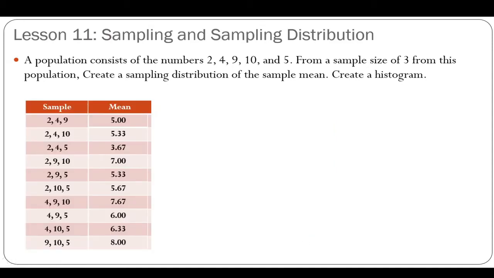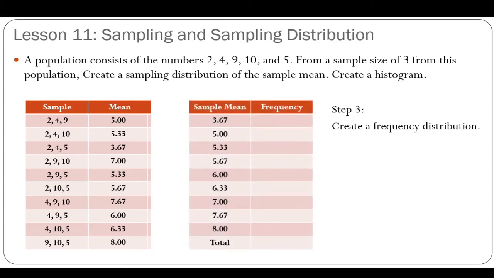Next. So, ngayong meron na tayong listahan ng mga mean, ano yung next step? Let us create a frequency distribution. And to create a frequency distribution, gagawa tayo again ng table for the sample mean and its frequency. So, saan galing tong mga value sa column na to, sir? Etong column na to, galing to dito.